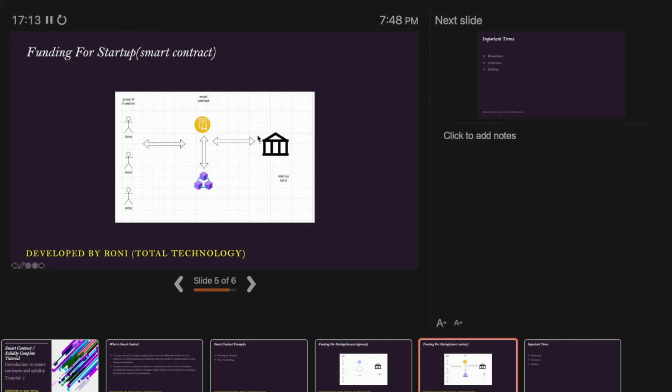Okay, and if this company receives the funds and is able to make a profit, 1% will be given as a bonus, or a kind of partnership as per the partnership agreement, to this party. So this is some sort of execution. Okay, so this is how the smart contract works, and technically it is impossible to do fraud or scam on the smart contract, because we have the underlying technology of the Ethereum blockchain.